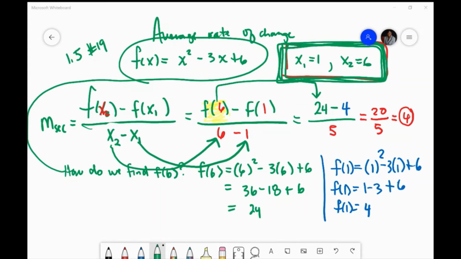Is the formula f of x equals x squared minus 3x plus 6, or is it plus 8? All problems are different. So yours might be 8 and mine might be 6. Raven might be 2 and Kenna's might be 3. They're going to be similar, but not the same.